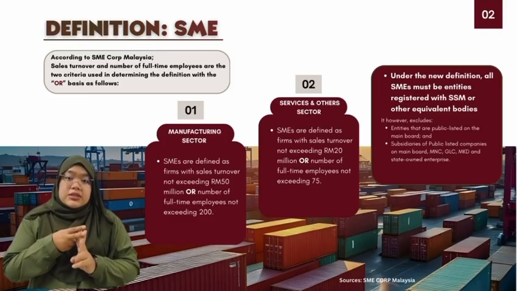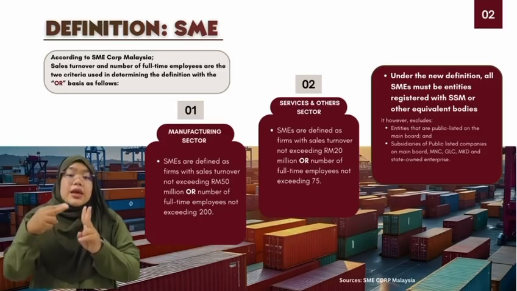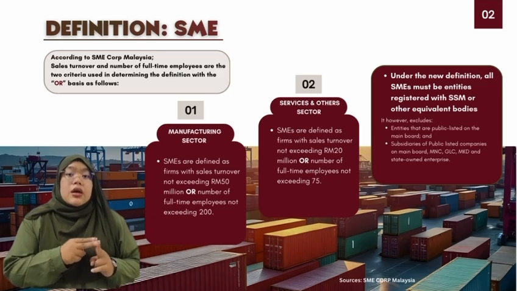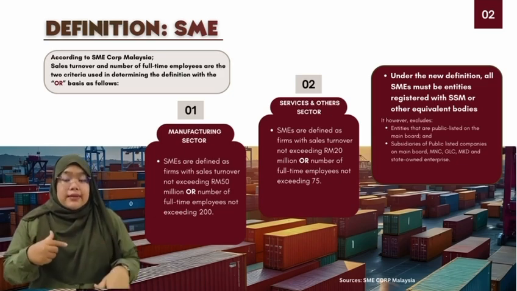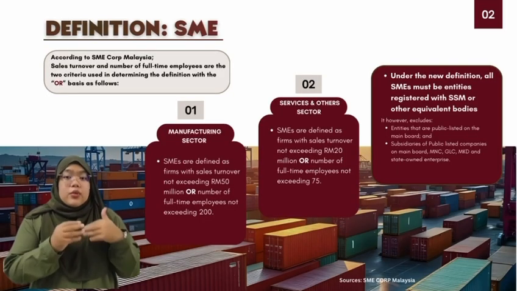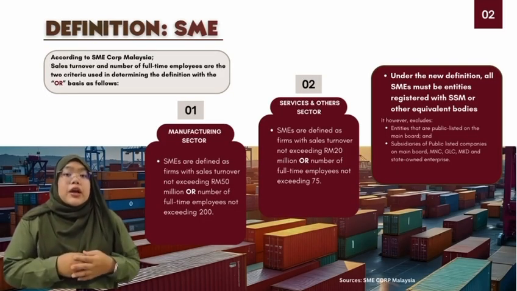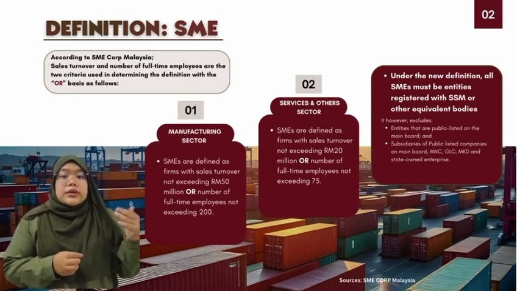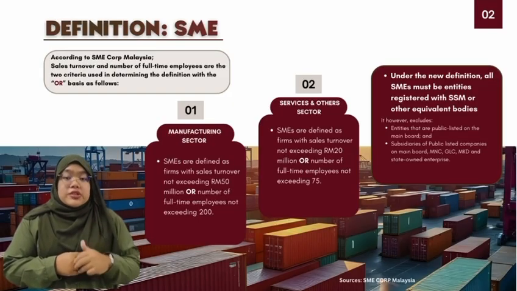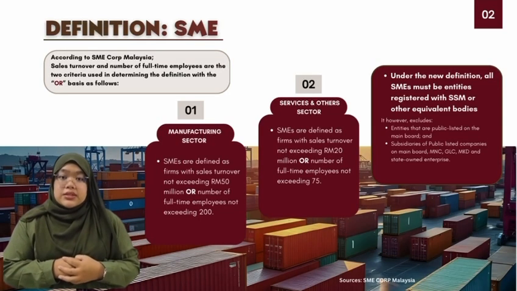Only one of these two important factors needs to be fulfilled by a business or a company, whichever is lower, and it is on an OR basis, meaning that it's either one. So according to SME Corp Malaysia, the general definitions fall into two categories, which is under manufacturing sectors and also service and other sectors.